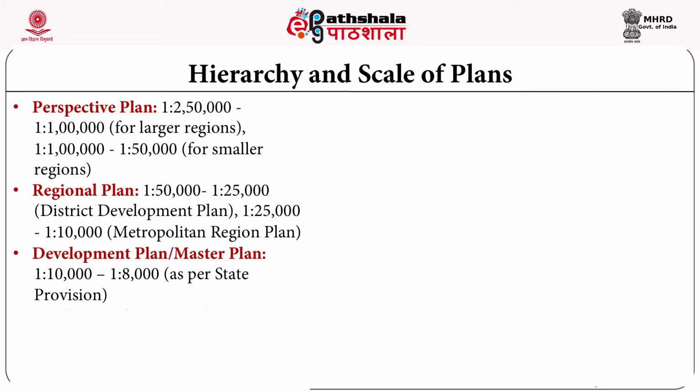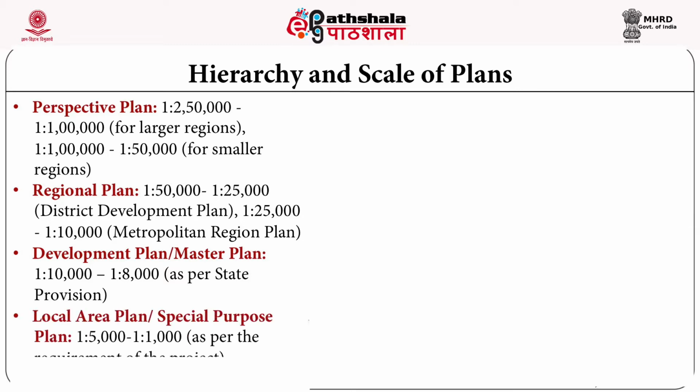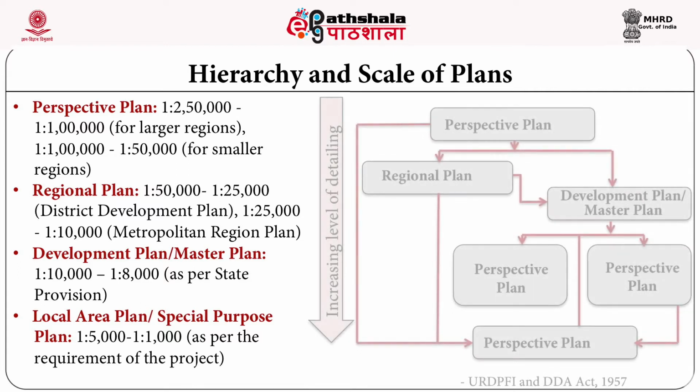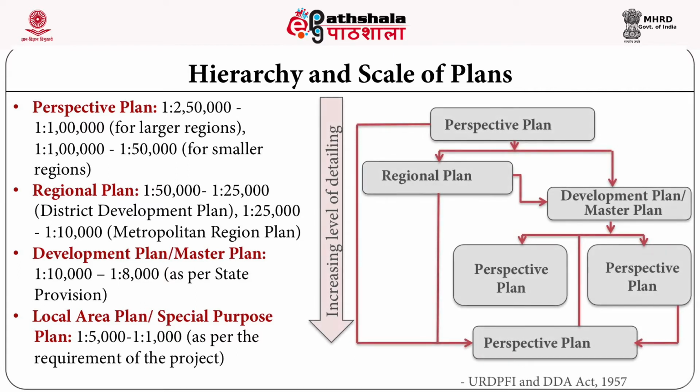Now the local area plan or the special purpose plans are worked out at 1:5,000 or 1:1,000 as per the requirement of the project. And if we can see this figure, which is talking of the links from perspective plan to regional plan to master plan, and how we link up these various plans.